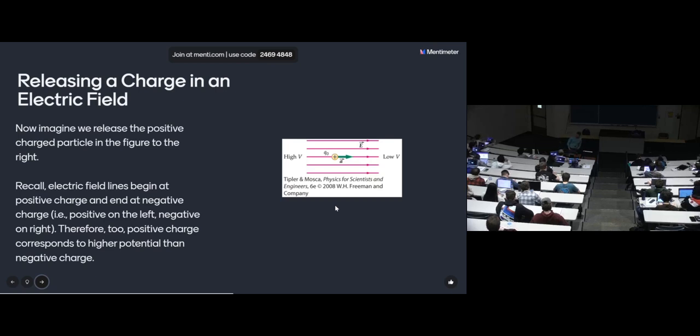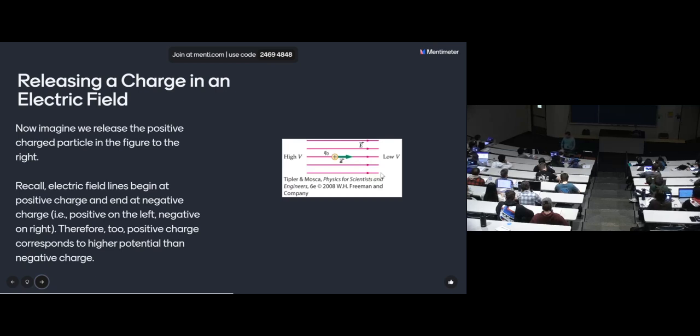Therefore, positive charge corresponds to higher potential than negative charge. This is what I was trying to talk about with that experiment that we would do at Harding in the lab. So this high potential region has to be positively charged. This low potential region has to be more negatively charged.